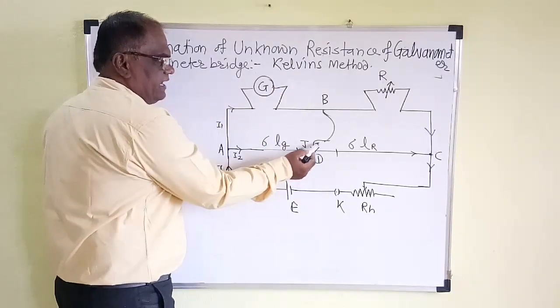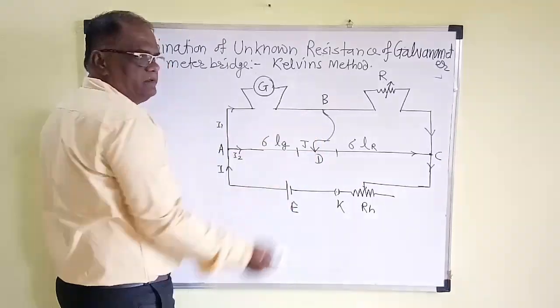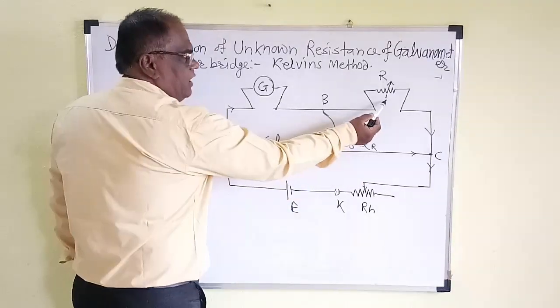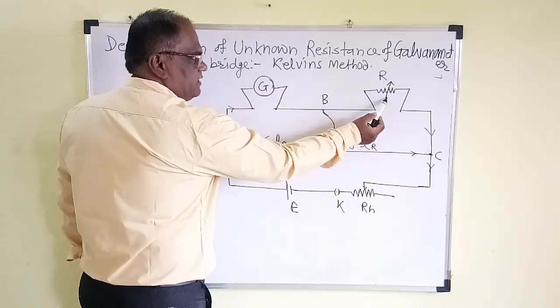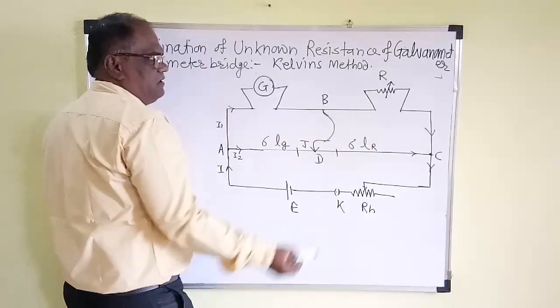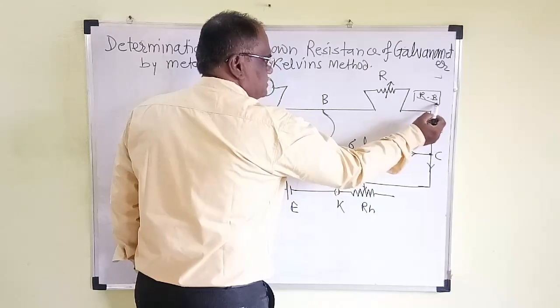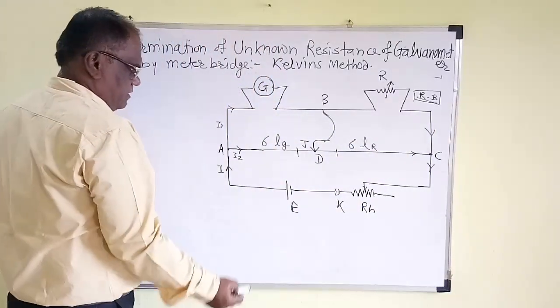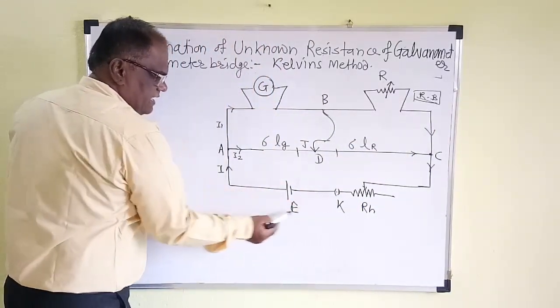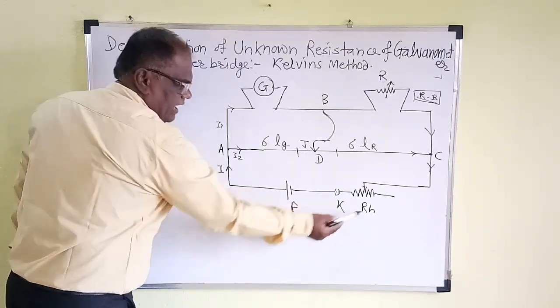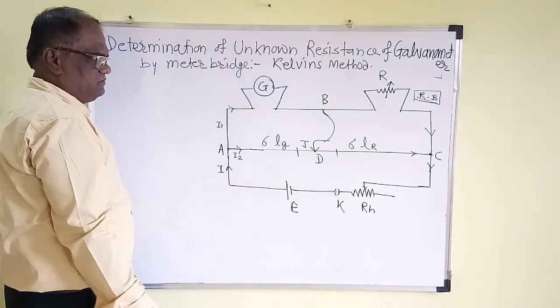Jockey is directly connected to the wire from the point B. Suitable known resistance is taken in the right gap. For this, you can use resistance box, K key, E EMF of cell, RH rheostat.